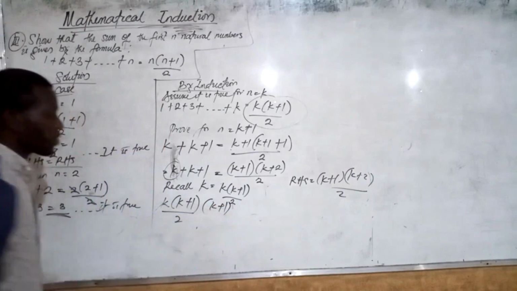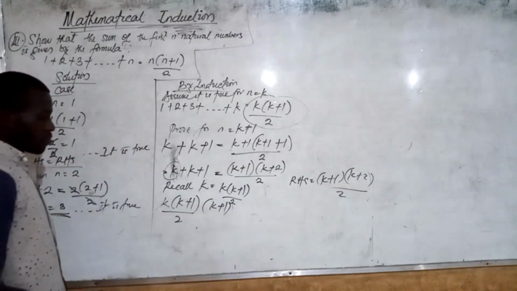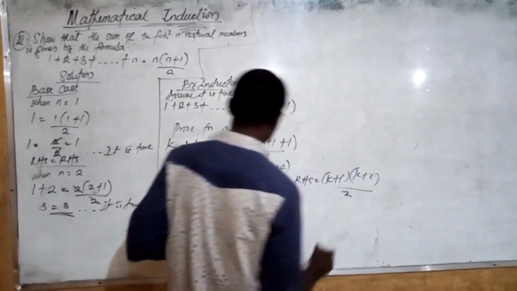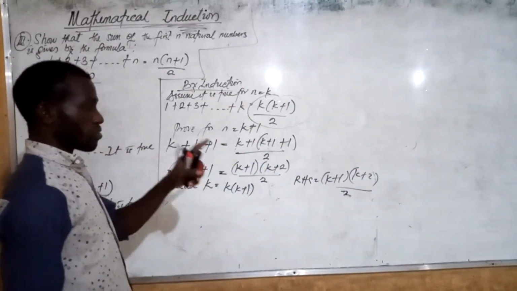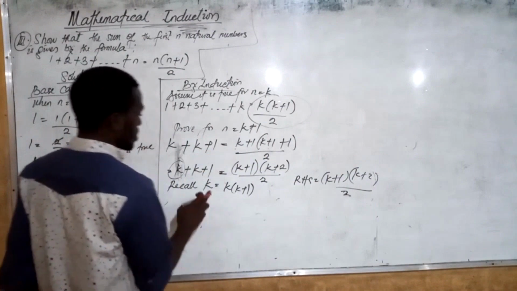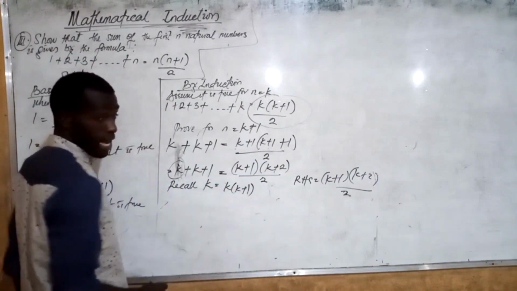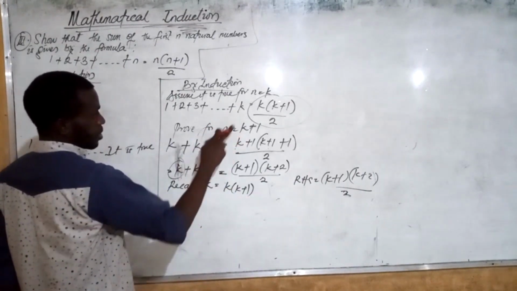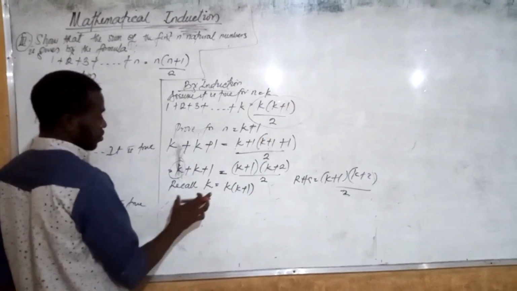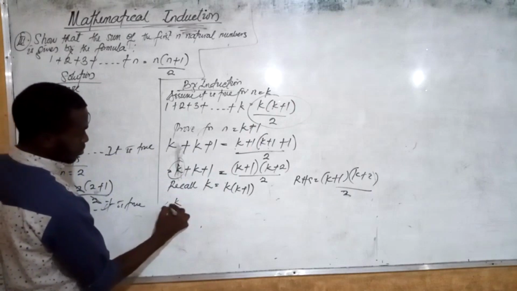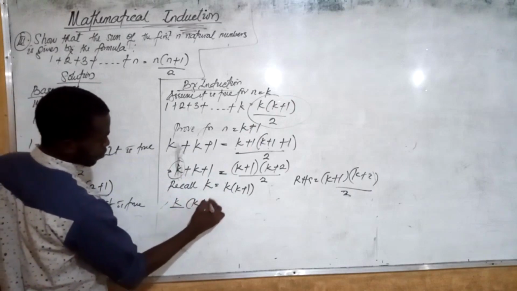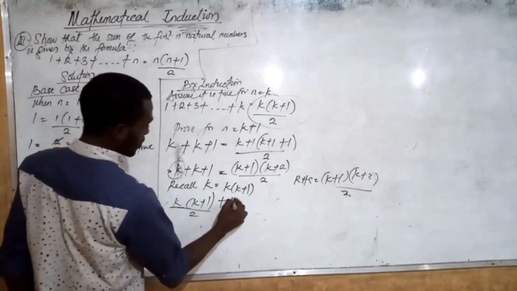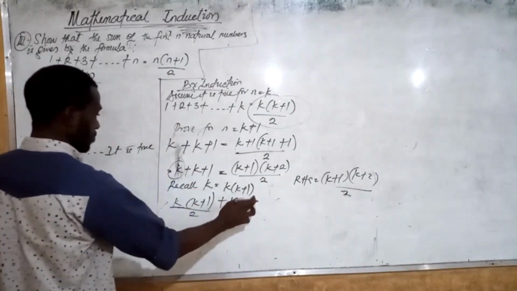So in order to make the left hand side equal to the right hand side, what we'll do is, since we know that k is equal to this guy from here, we know that k is this, so we substitute it here and bring it as k into bracket k plus 1 all over 2, then plus k plus 1, right?